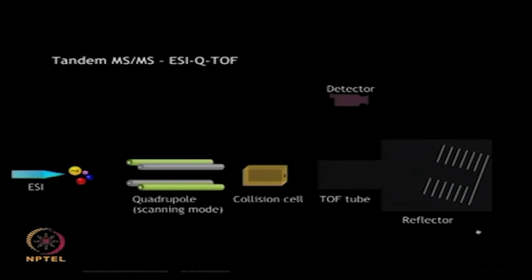ESI-QTOF is another commonly used tandem MS configuration that first selects ions in the quadrupole. The selected peptide is then fragmented in the collision cell, and resulting ions are accelerated and resolved on the basis of the time of flight.